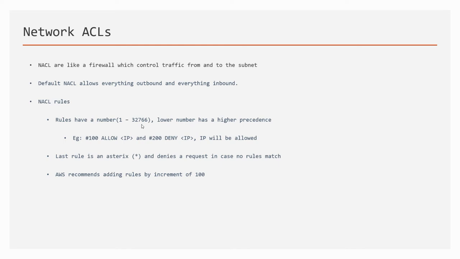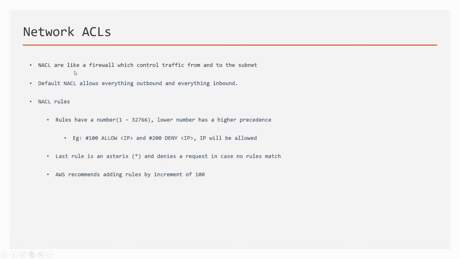Again, look at the wordings. It is like a firewall, and it is controlling the traffic from and to the subnet. So we have already seen creating our own subnet and all the stuff. Who gets access to the instances or to the subnet, and who can go out from the subnet?